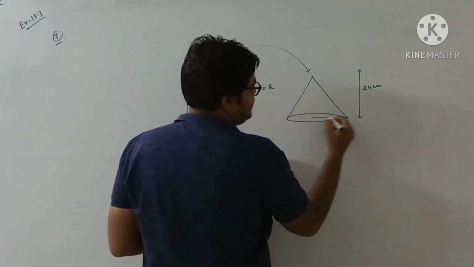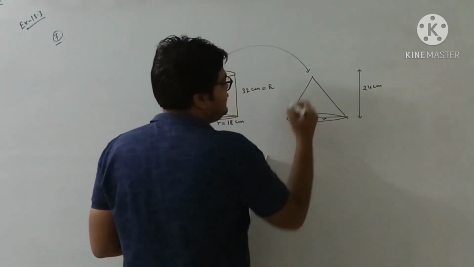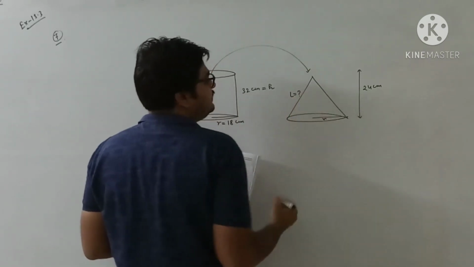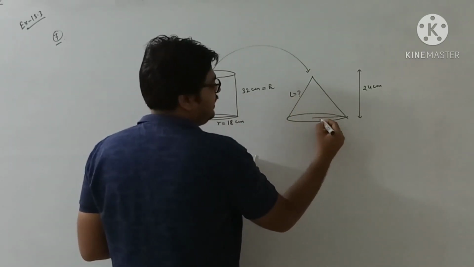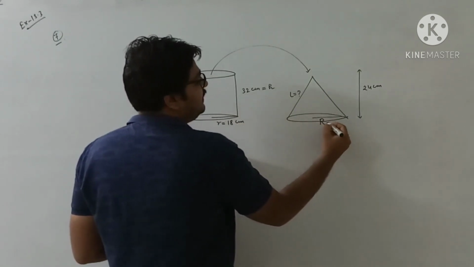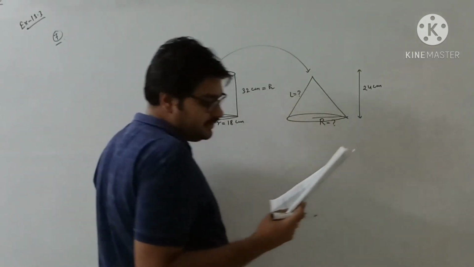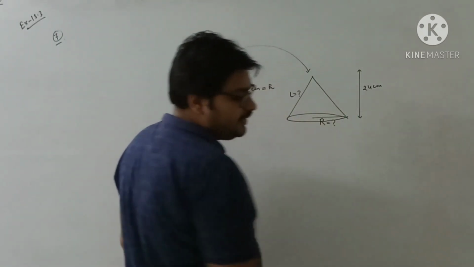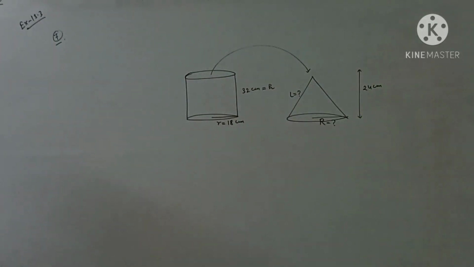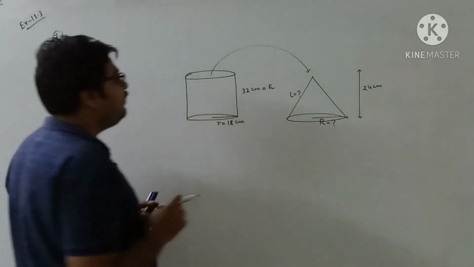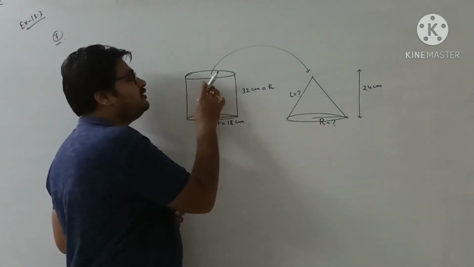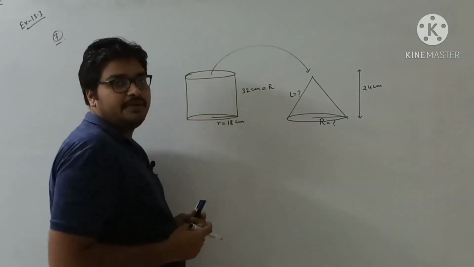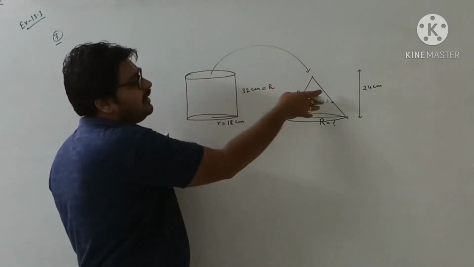Find the radius and slant height of the heap. For the radius we are taking capital R because we have a small r here. One thing to see here: the volume of the sand present in the cylinder should be equal to the volume of the cone, because this sand only was emptied on the ground to make this cone.